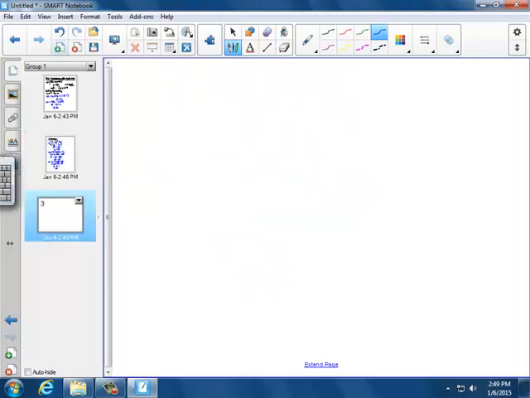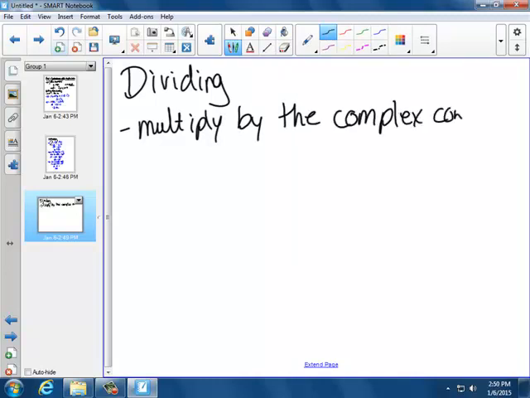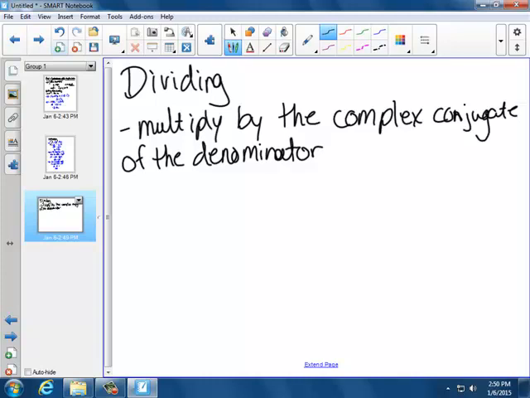So with dividing, we multiply by the complex conjugate of the denominator.